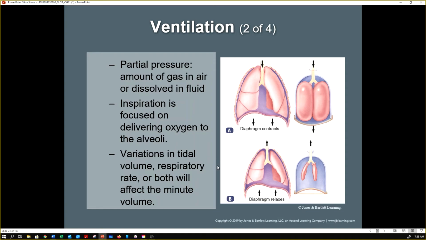And so inspiration is actually focused on delivering the oxygen to the alveoli. And we have to understand definitions of what tidal volume means, respiratory rate, and we have to understand how they both affect the minute volume.